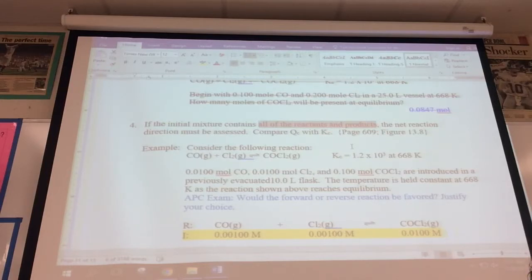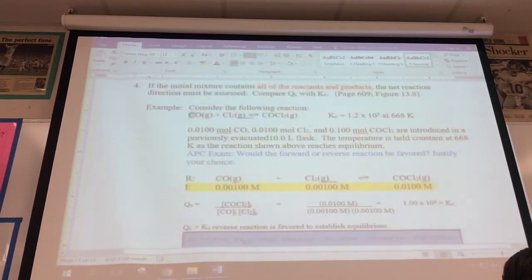You have to calculate Q, and you compare it to K. It can be compared to Kc or Kp. And be careful, because we've done a lot with concentration. I'm going to set one up with pressure with you. You have homework problems on pressure, and you might see it on your quiz. Be careful.